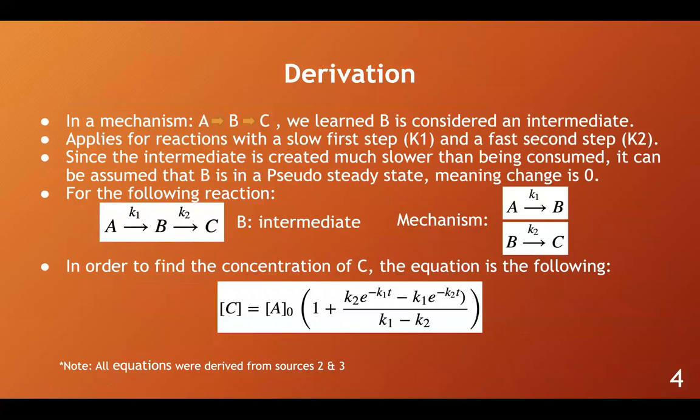For derivation, just to assume we have a reaction of A goes to B and then goes to C. We've learned that B, which doesn't exist in the products nor the reactants, is called an intermediate.